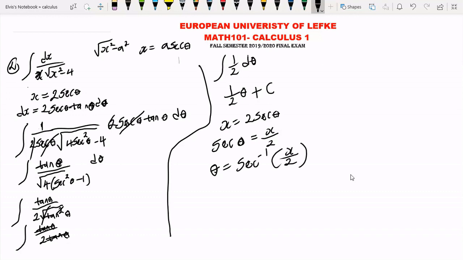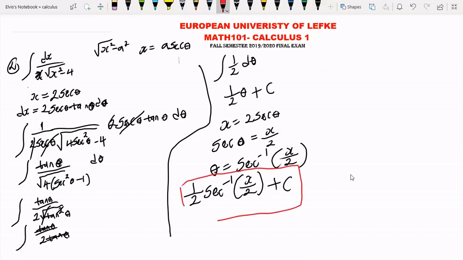We replace the value of theta with secant inverse of s over 2. So this is 1 over 2 multiplied by secant inverse of s over 2 plus c. This is going to be the final answer to this question.